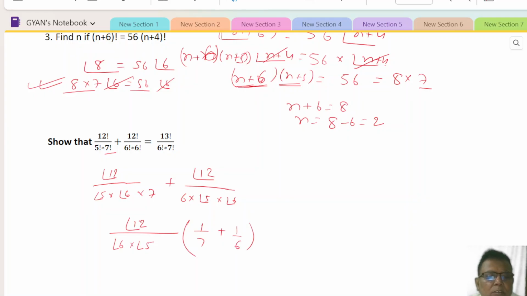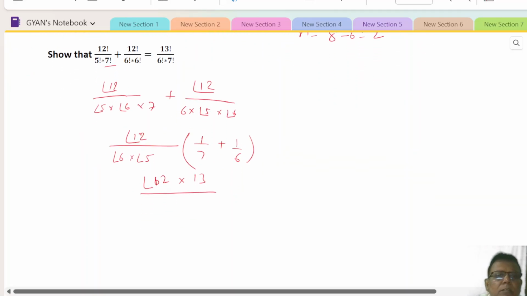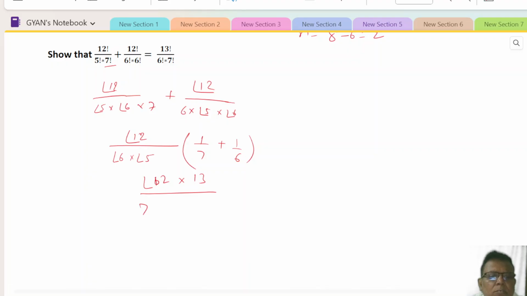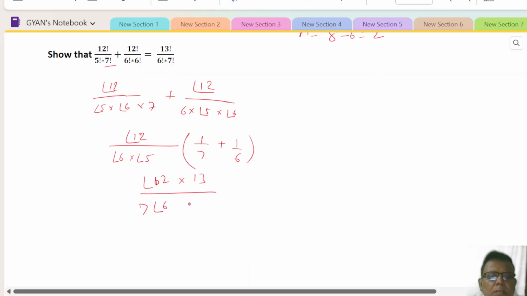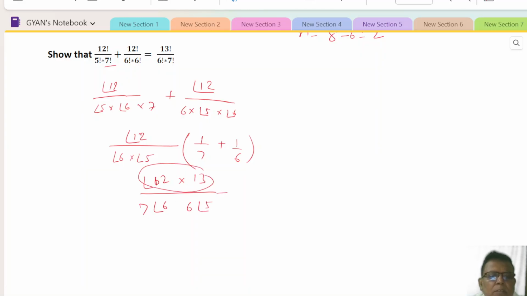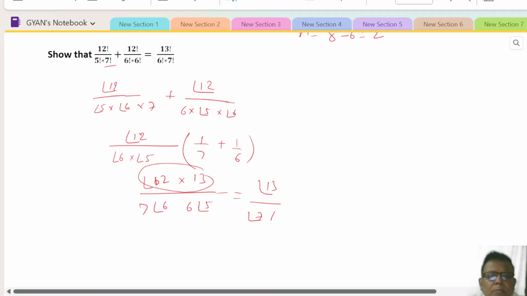So now the result is factorial 12 into 13 over 42, and so on. This is the RHS.